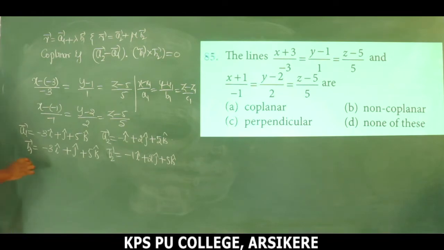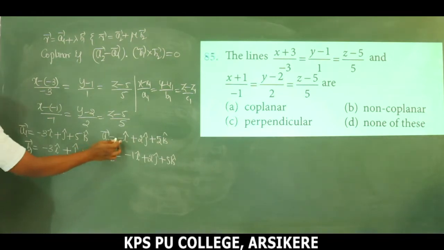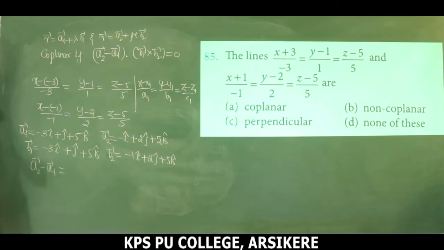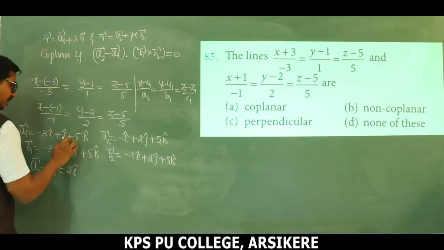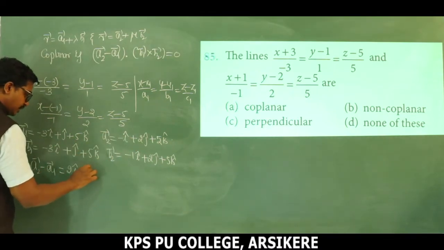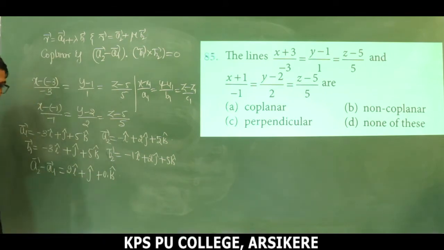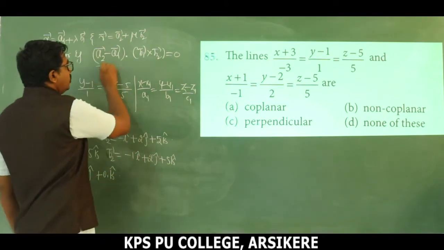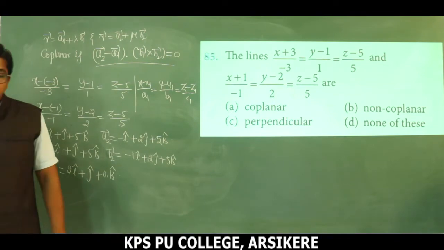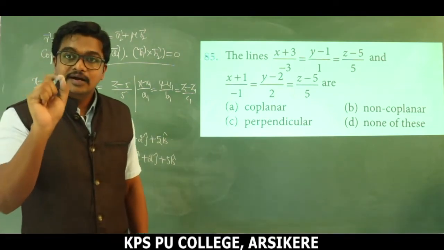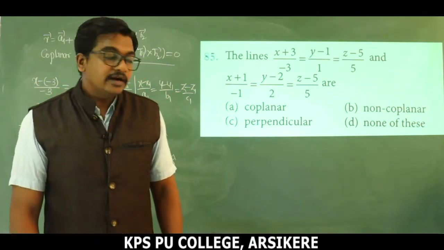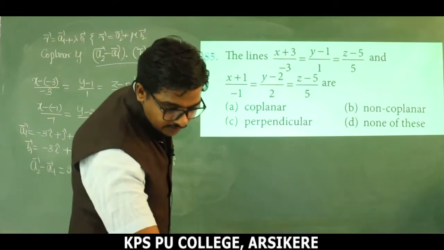Just find a2 minus a1. a2 minus a1 is equal to minus 1 minus of minus 3, that becomes 2 into i cap, and 2j minus j becomes plus j, 5 gets cancelled, we are left with 0 into k cap. So what is the condition for this one? a2 minus a1 dot b1 cross b2 is nothing but the scalar triple product. How do we write the scalar triple product? Just observe here.